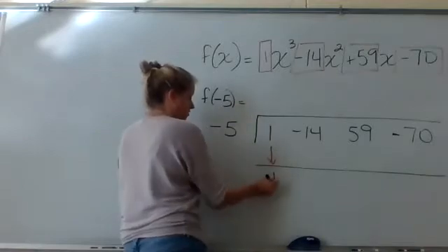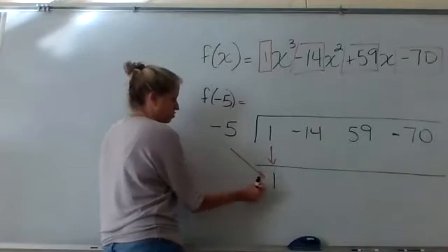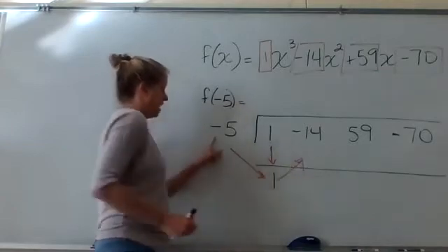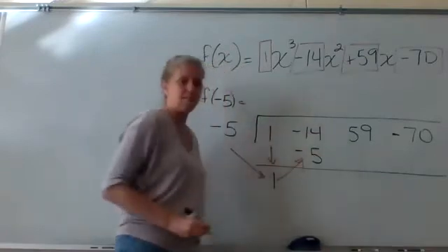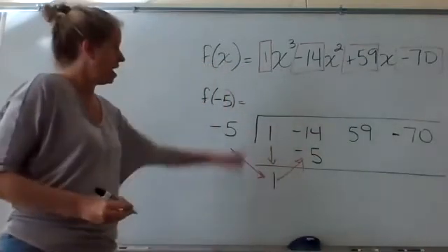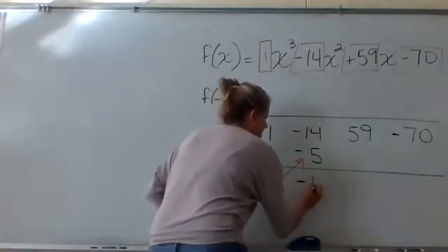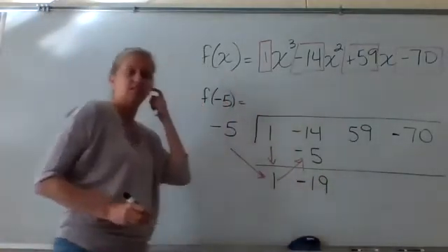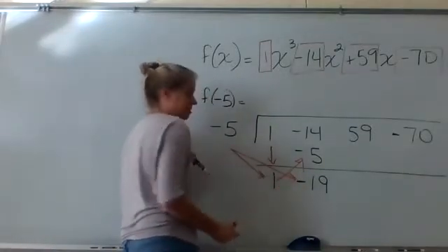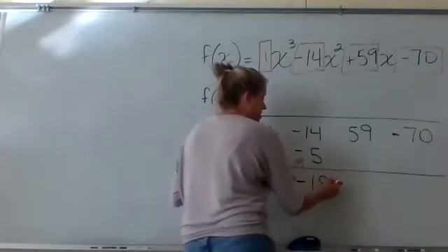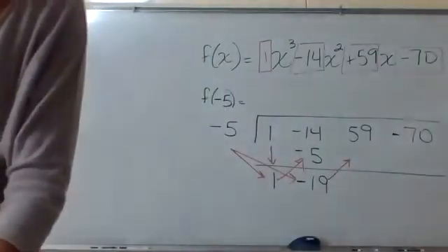Drop down the 1. Start your multiplication process. Negative 5 times 1 gives me negative 5. Add it straight down. Negative 14 and negative 5 gives me negative 19. Negative 5 times negative 19. What does that give me?